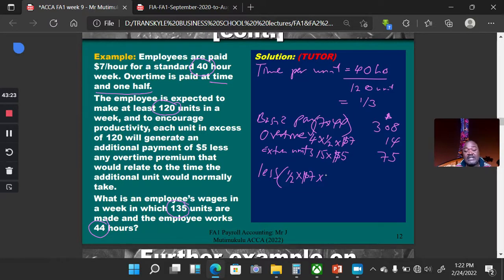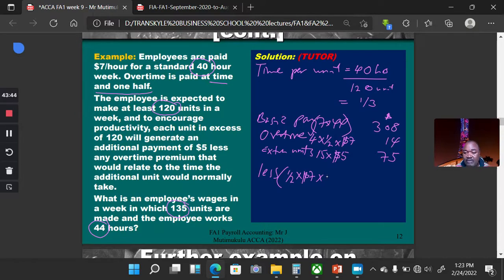The extra hours are not simply the 4, because that one we've already done. The extra hours in this case are going to be found in the number of units produced, because the number of units is the actual amount that is going to guide us.